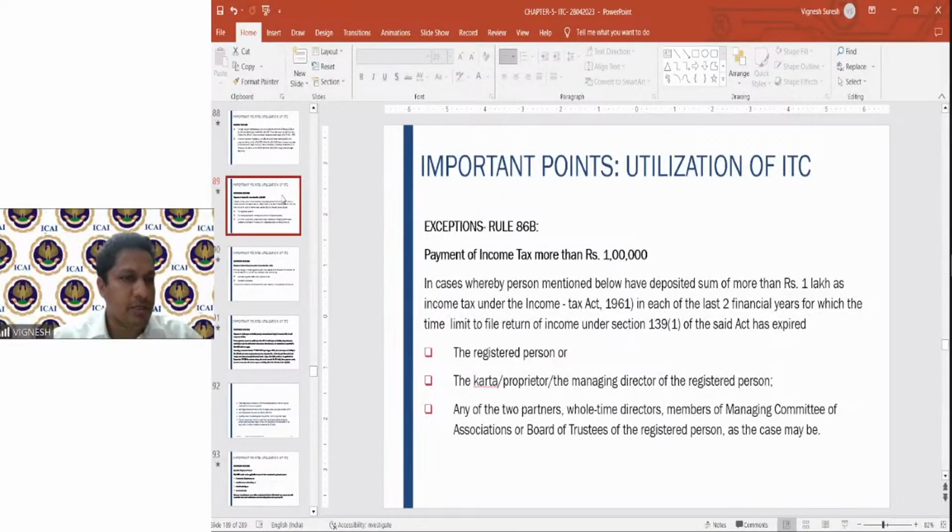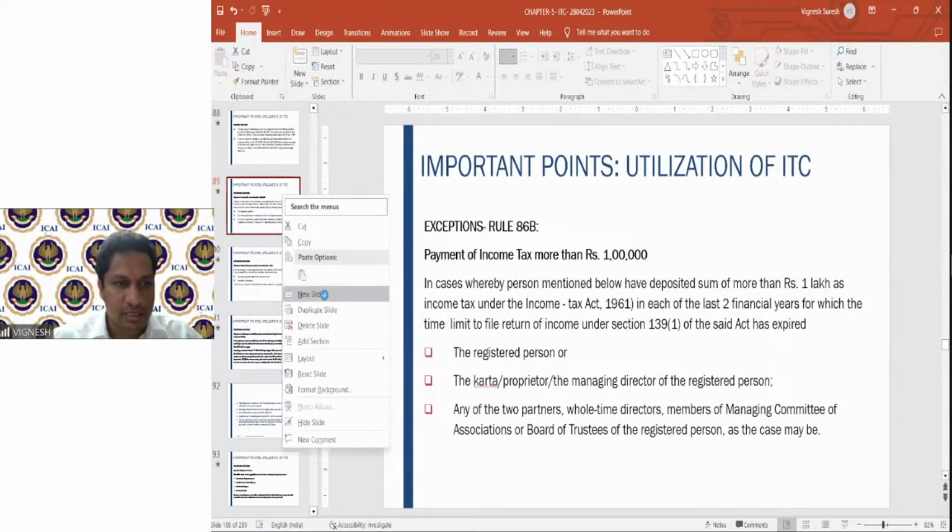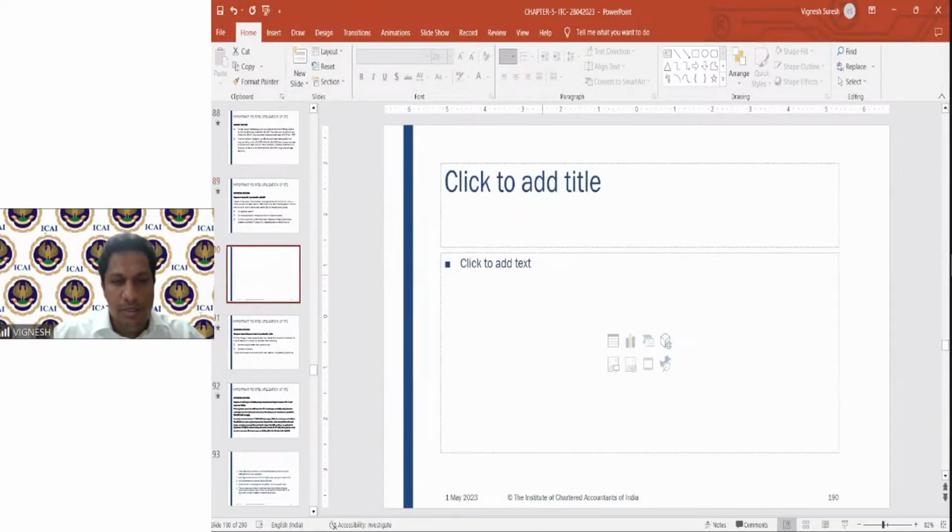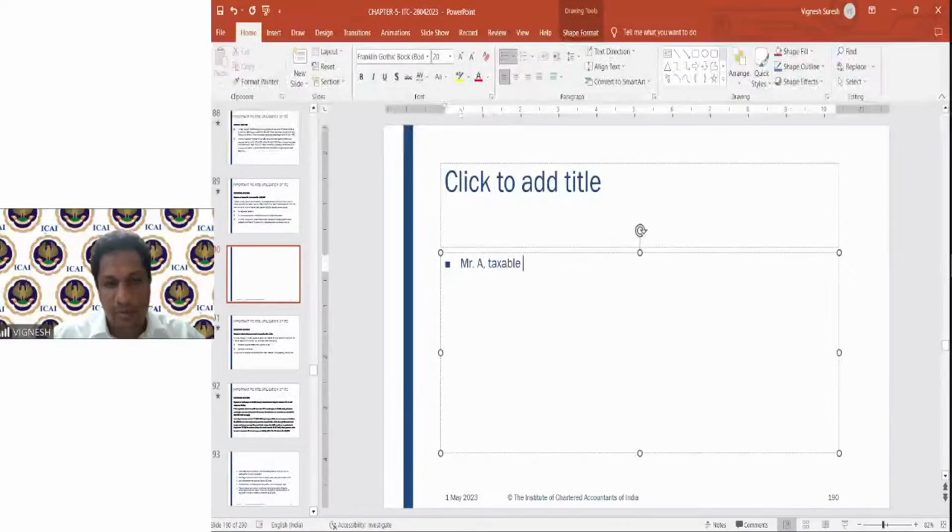So here what happens? Let us again take an example. Mr. A, a taxable person, has made total supply of rupees 75 lakhs in April 2023.